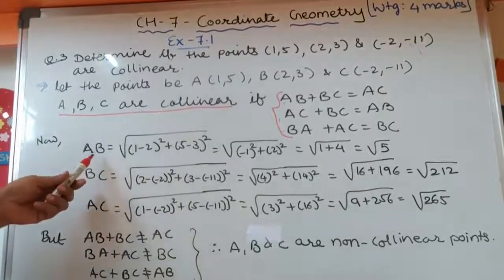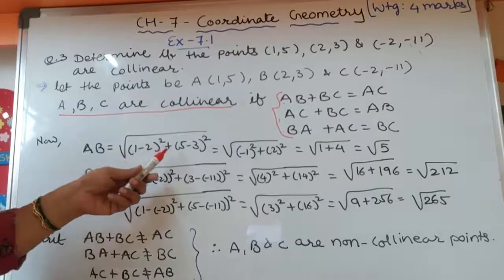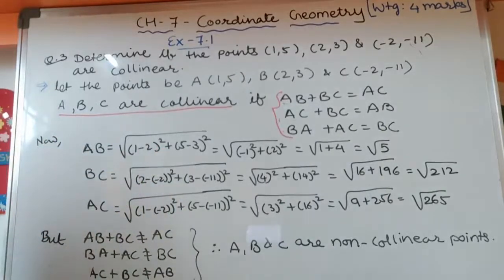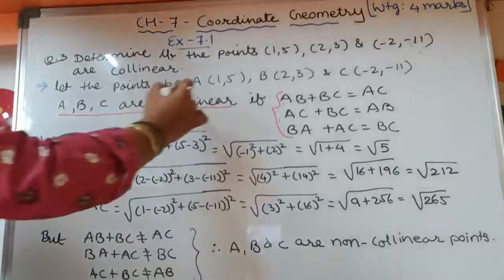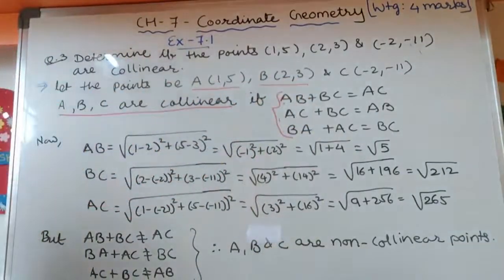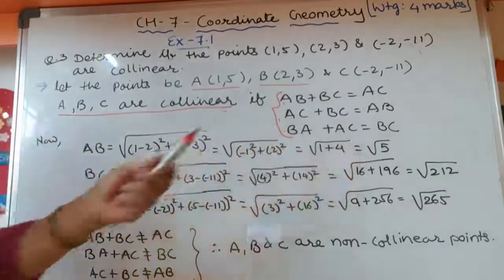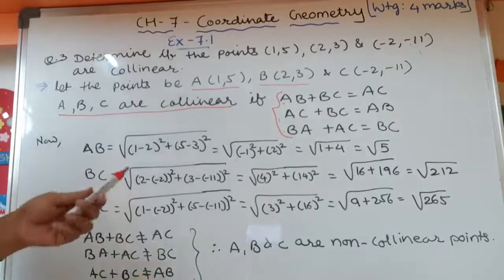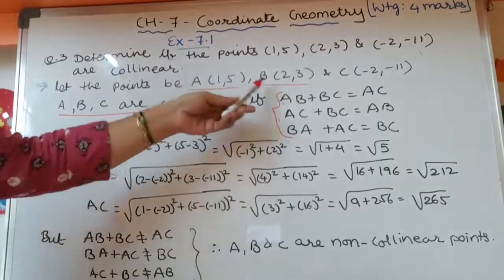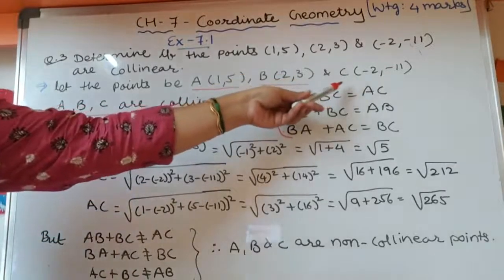I have shown the calculation here: AB is the square root of (x1 minus x2) whole square plus (y1 minus y2) whole square. Taking A as x1, y1 and B as x2, y2, after calculation I got AB equal to root 5. Similarly for BC, I take B as x1, y1 and C as x2, y2.